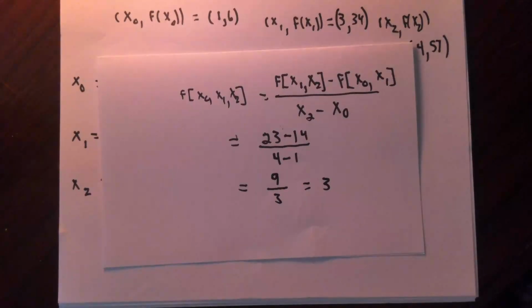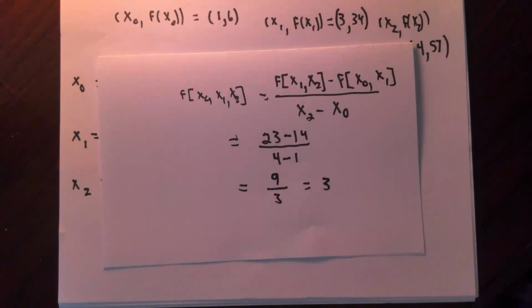To obtain the last one, f[x0, x1, x2], I'm seeking a divided difference with three of the x numbers in it, meaning in my divided difference formula, there'll be two divided differences, each one of which is based on only 2 instead of 3.